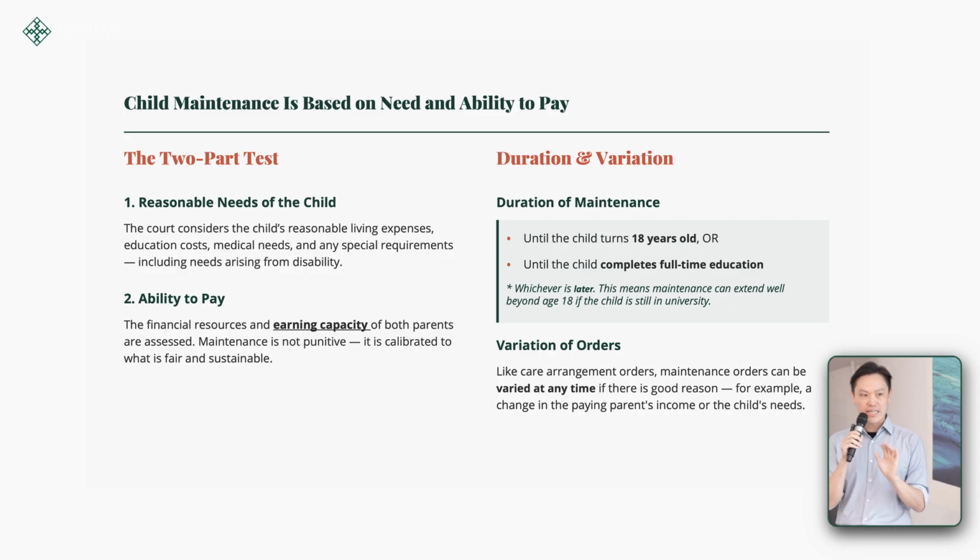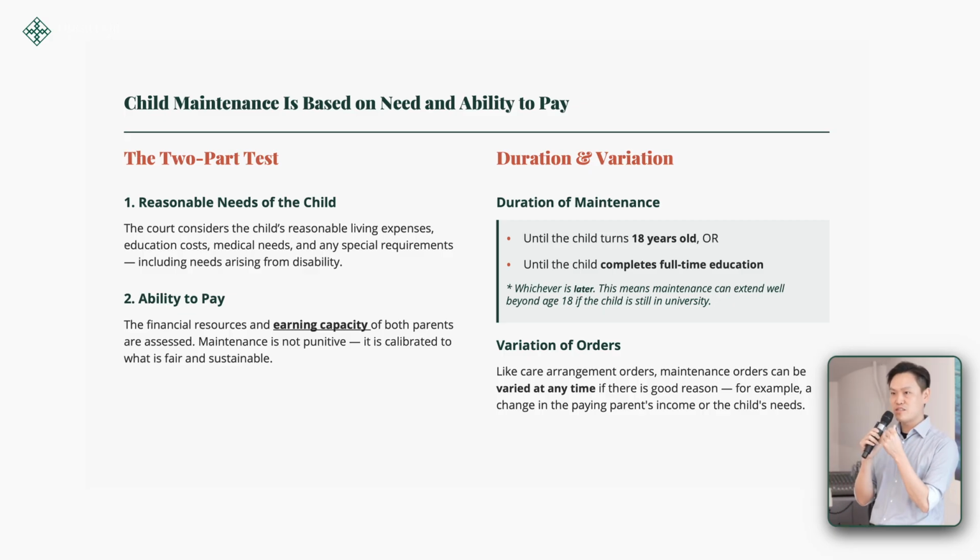They won't make an order against the grandparents because this is a divorce between the parents themselves. But they will still make an order against the parents to pay, assuming the parents would have the ability to ask their own parents for help. All right. So when it comes to ability to pay, the court again is prepared to act in the best interest of the child and make sure the kids are protected.